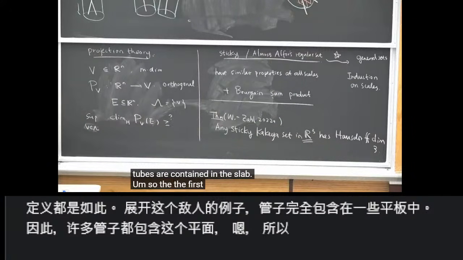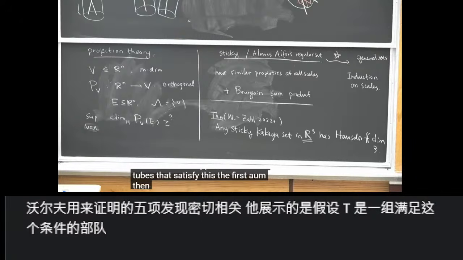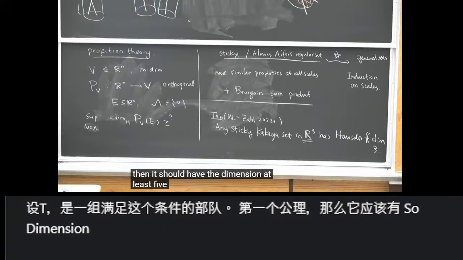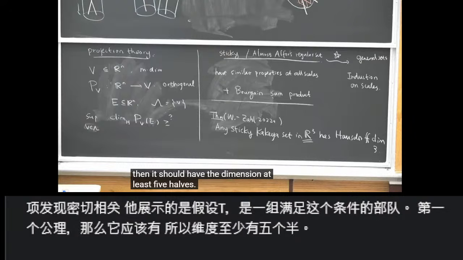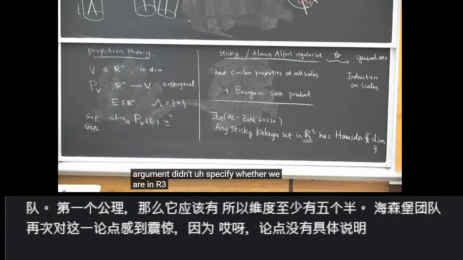So the first definition is closely related to what Wolff used to prove his 5-halves bound. What he showed is that suppose T is a set of tubes that satisfy the first axiom, then it should have dimension at least 5-halves. And again, the Heisenberg group is sharp for this argument because Wolff's argument didn't specify whether we are in R3 or C3.